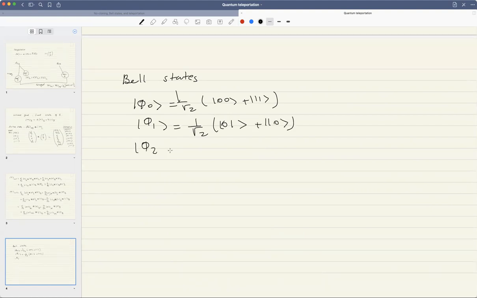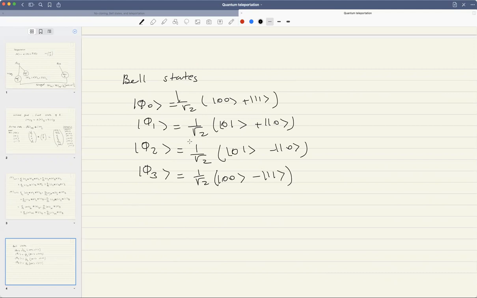The next one is 1 over square root 2, 0, 1 minus 1, 0. And the last one is 1 over square root 2, 0, 0 minus 1, 1.